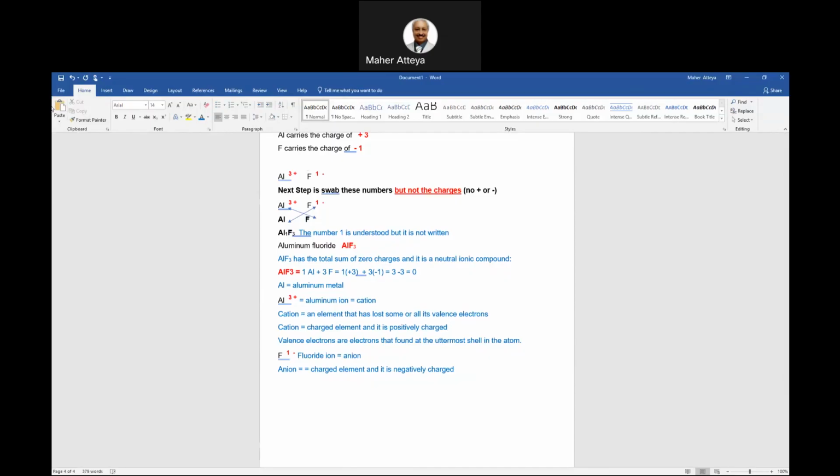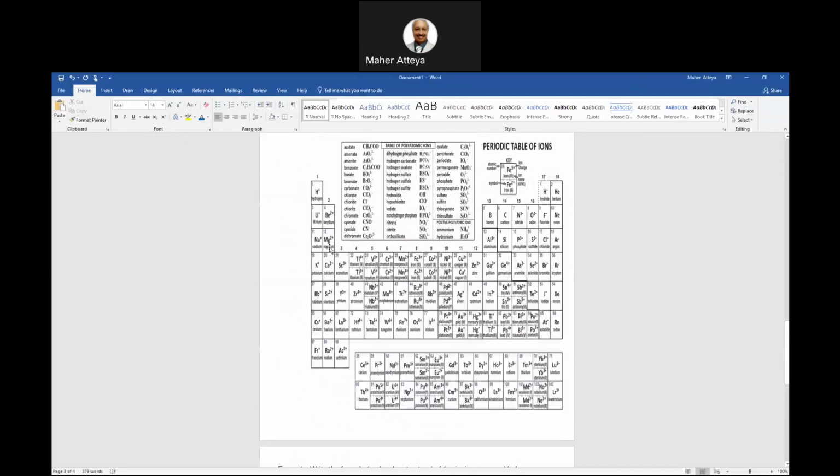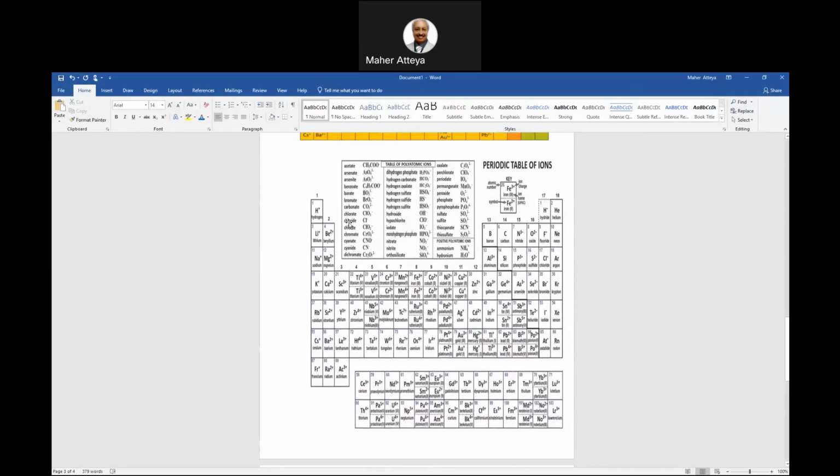We did not add anything about this, but when it comes to the transitional elements, which are groups 3 to 12, those have multiple charges. Anytime we have a metal that has multiple charges, you have to add Roman numerals.